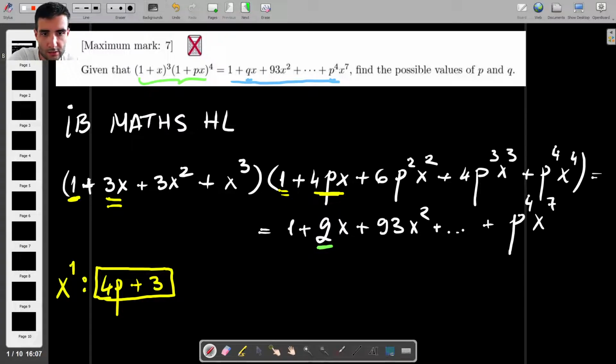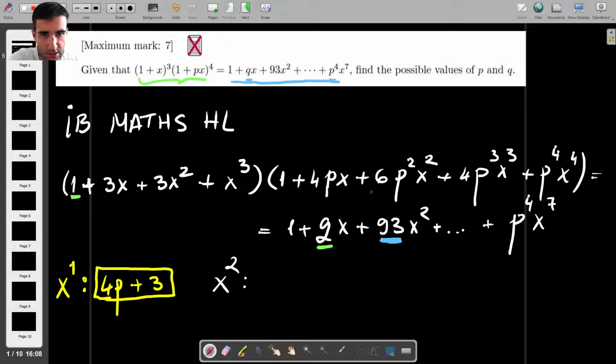Now the other thing the question gives us is that we have 93 as the coefficient of x squared. So let's see what the coefficient of x squared is. To get it, we can do a few things.